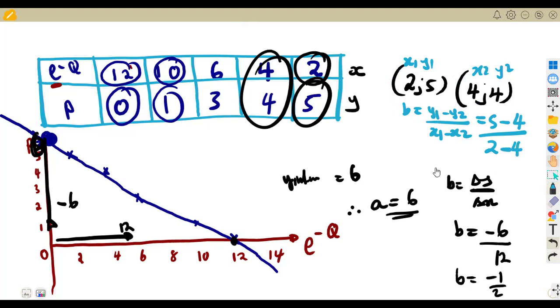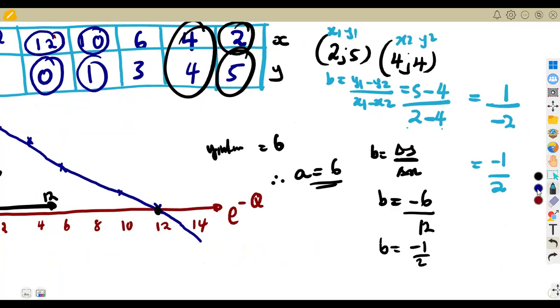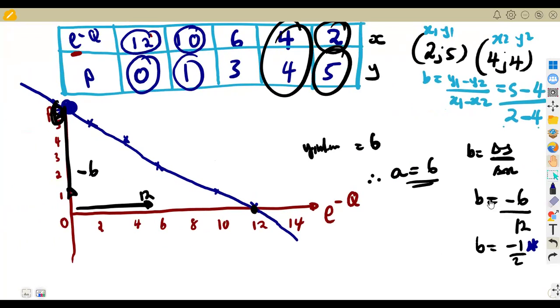So if we subtract properly, 5 minus 4 is equal to 1 over 2 minus 4, that is minus 2, which is the same as minus 1 over 2. That is the same as the one that we just got by looking at the graph and applying the formula, the change in Y over the change in X.